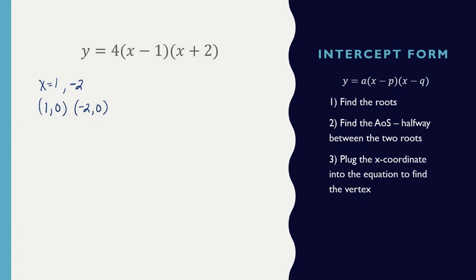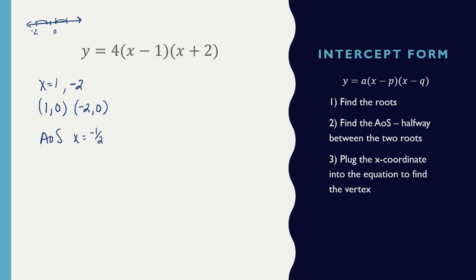So halfway between 1 and negative 2, if you count in or think of a number line, if that helps. All right. So here's 0, there's 1, and negative 2. If we count in, we're going to get halfway between negative 1 and 0, which means that the axis of symmetry is at x equals negative 1/2 or 0.5.